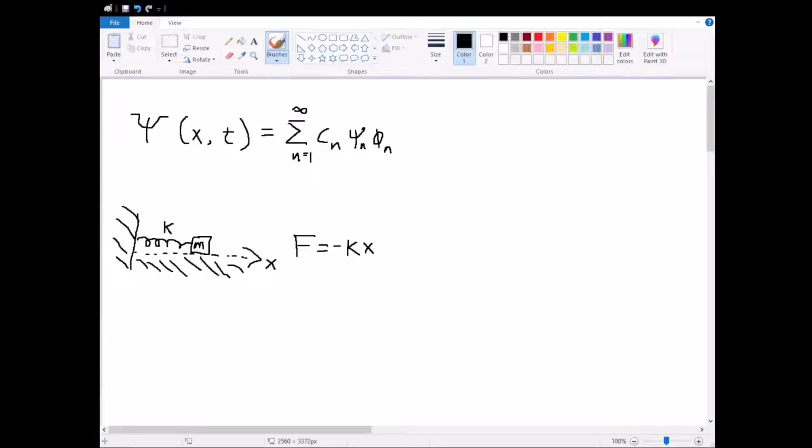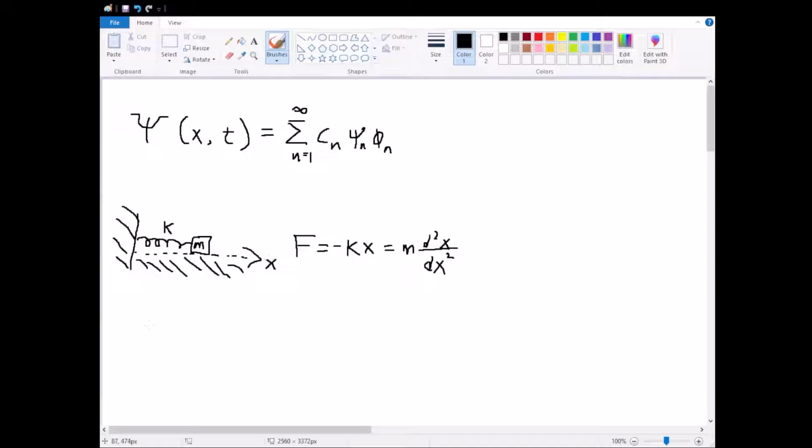The corresponding solution can be found just by setting this equal to mass times acceleration via Newton's second law. So this is equal to m times d2x by dt squared. And this is just a very easy differential equation that we can solve.